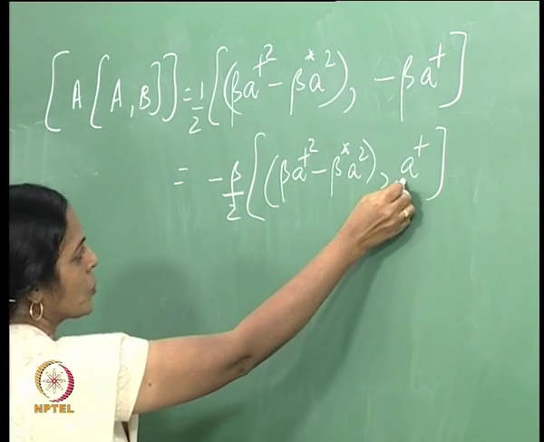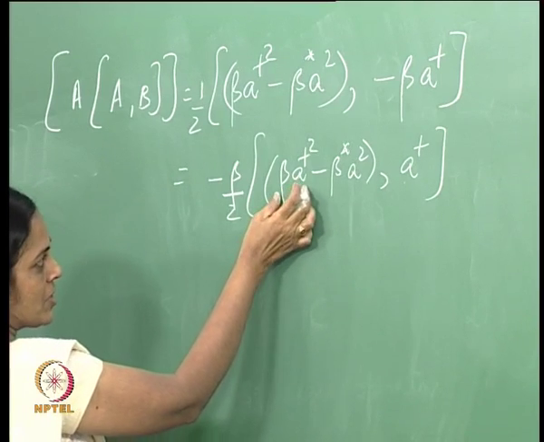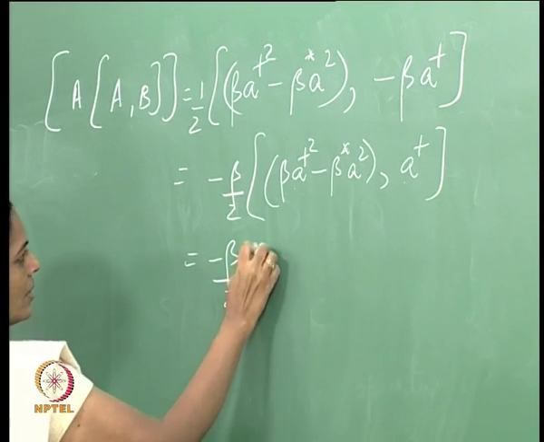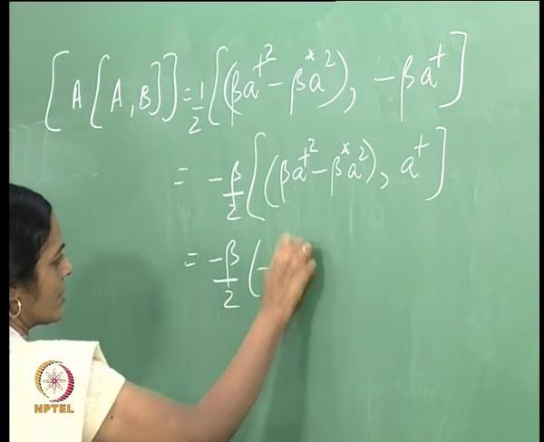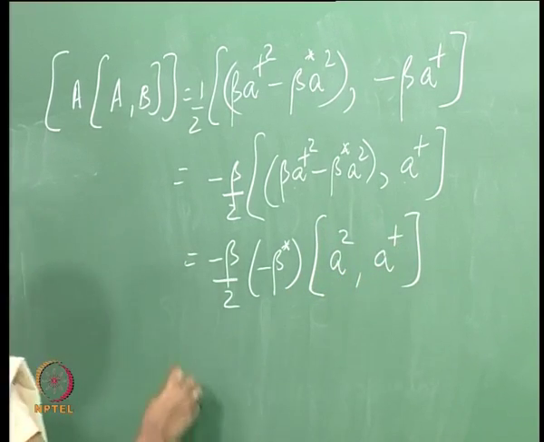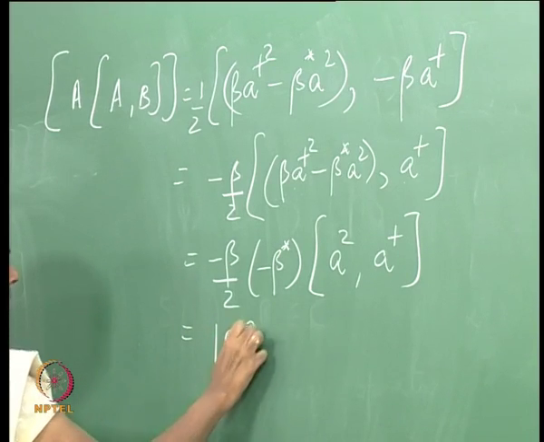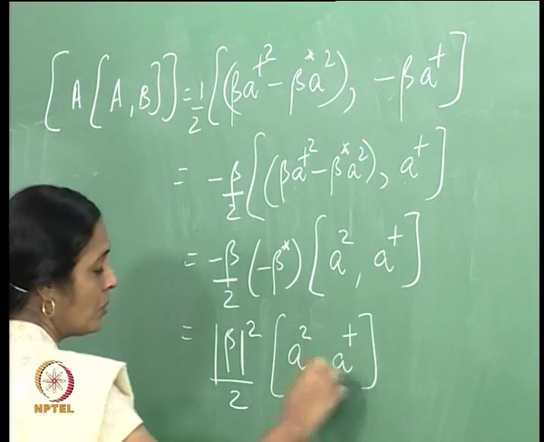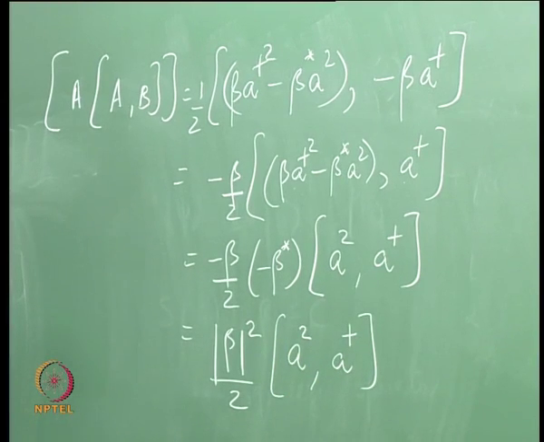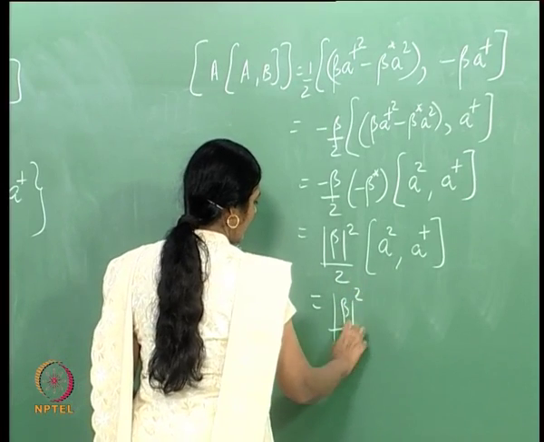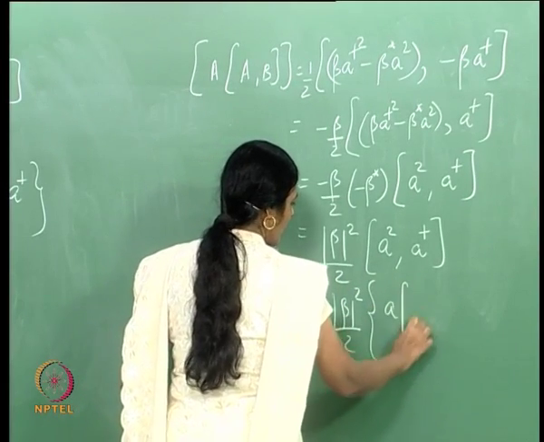A dagger squared commutes with A dagger, therefore this commutator, the first term, commutes with A dagger, leaving behind a minus beta star commutator of A squared with A dagger, which is the same as mod beta squared by 2 commutator of A squared with A dagger. And this commutator again can be evaluated using the ABC rule.